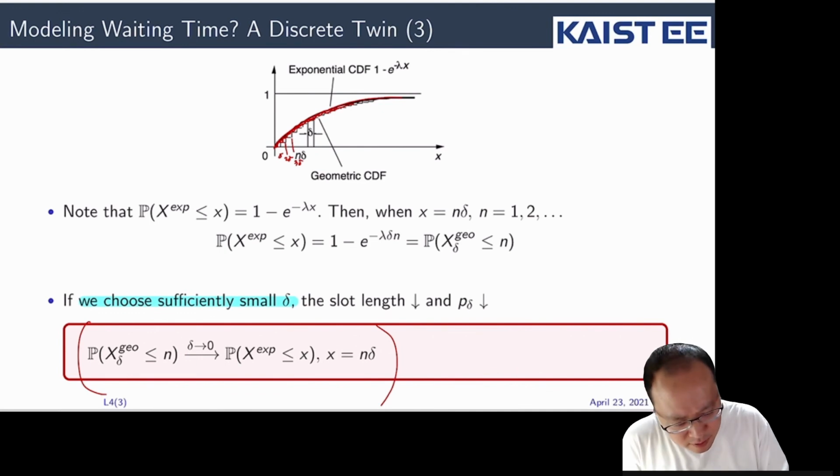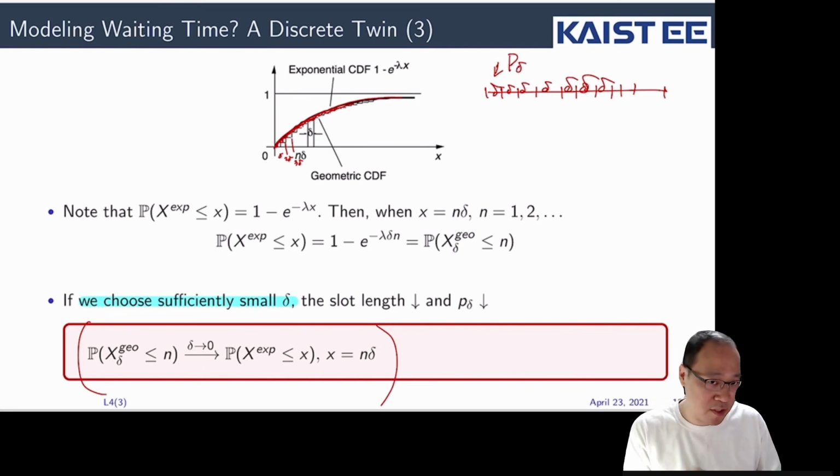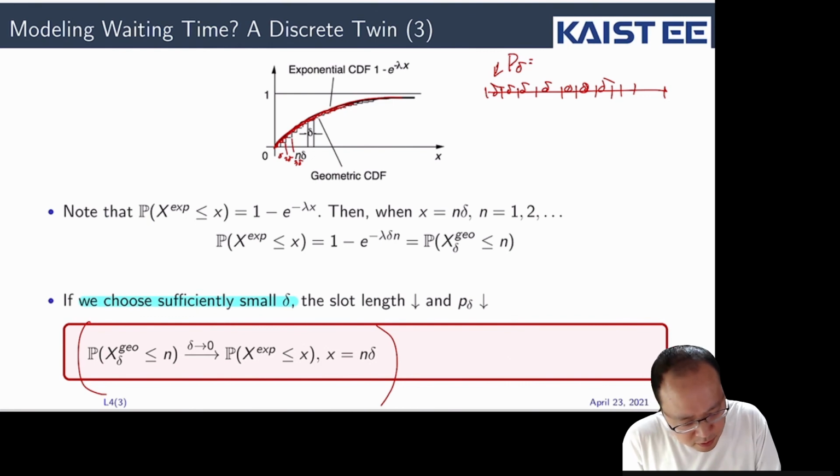Let's summarize. I consider the geometric random variable for this delta-parameterized system, and my construction of the p delta, which is the success probability for each slot, was 1 minus e to the minus lambda delta.